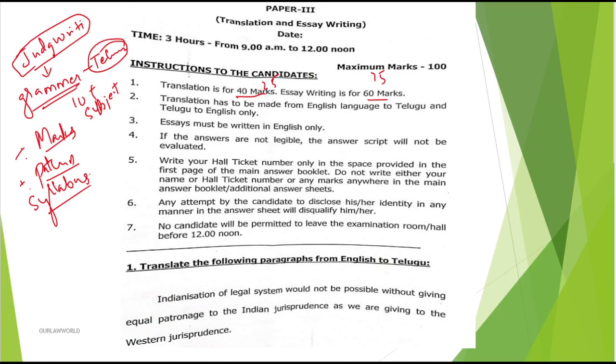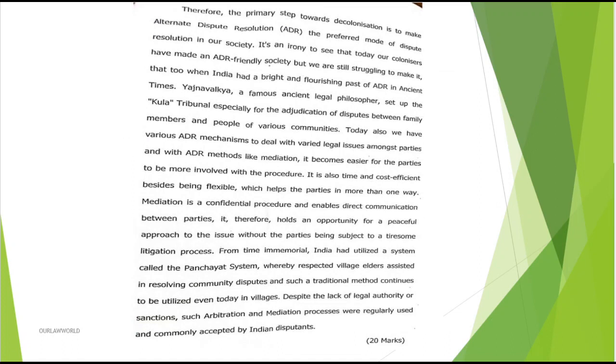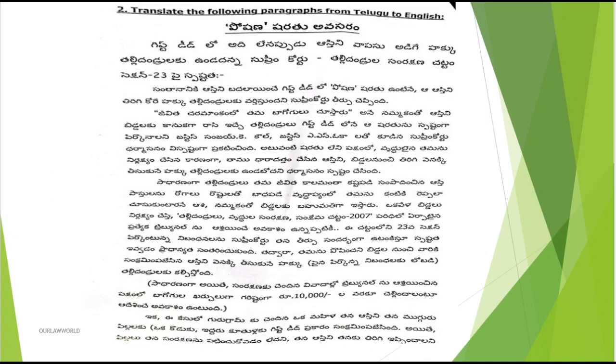In this English paper, the first translation asks you to translate from English to Telugu. The first concept is regarding Indian jurisprudence. This is one essay which you have to translate, and it also involved the arbitration mechanism, alternate dispute resolution mechanism.